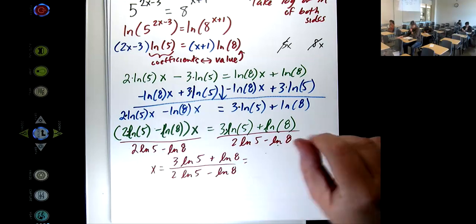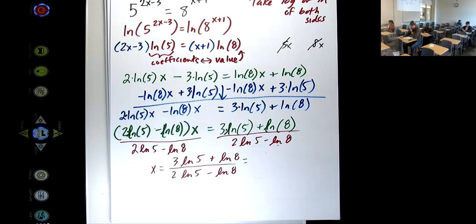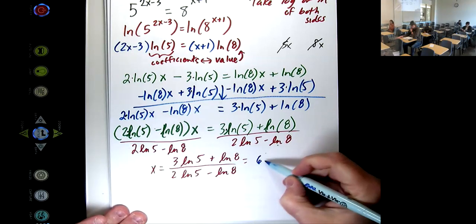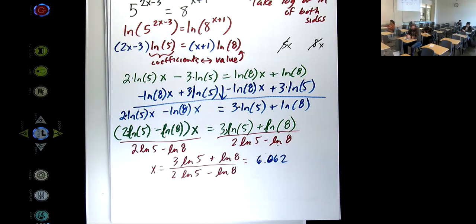I'm getting 6.062. The 3 decimal places. Someone else do that on their calculator, make sure you get the same thing. Doesn't look like I need parentheses, but I'm gonna put one in.